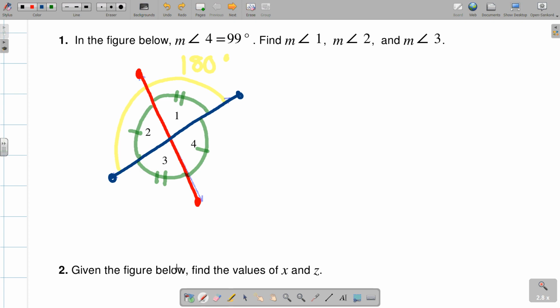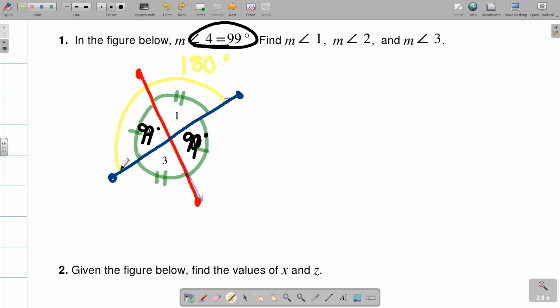So right here, we're told that the measure of angle 4 is 99 degrees. Let's find all the other angles. Step 1, the angle right across from it, vertical, also has to be 99.